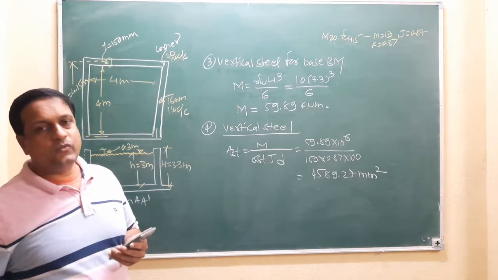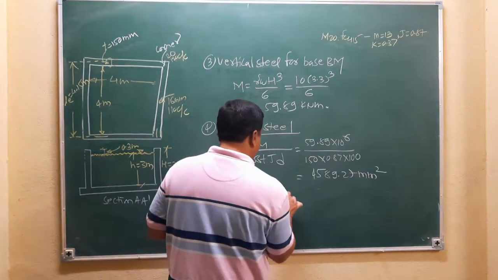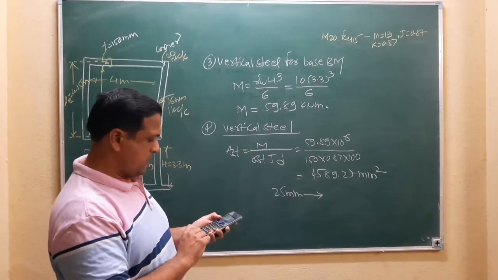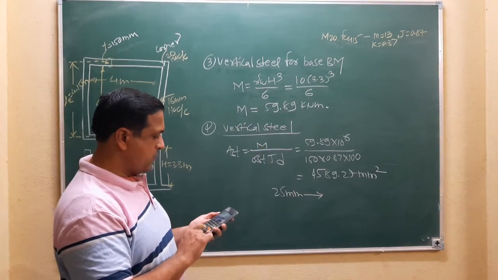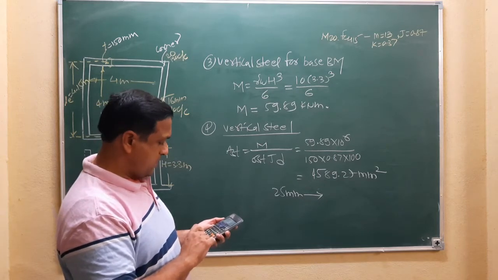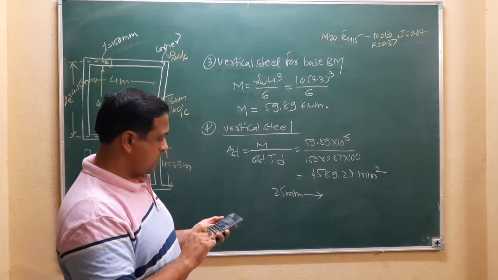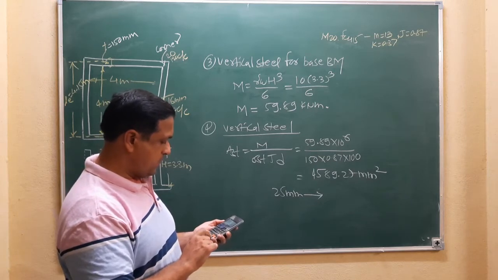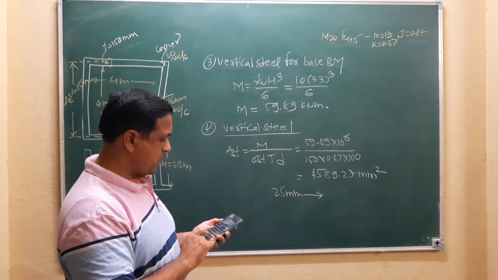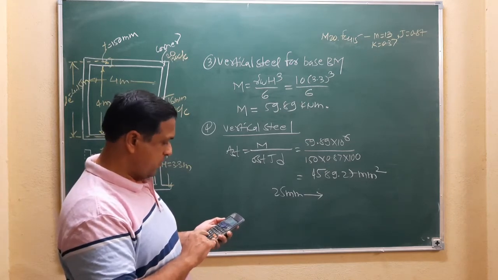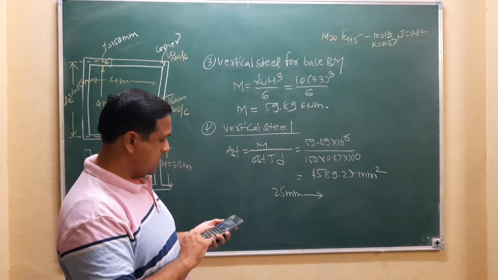So you have to provide steel vertically. So assume 25 mm diameter bar and find out the spacing. So it is pi by 4 into 25 into 25 into 1000 divided by 4589.27.